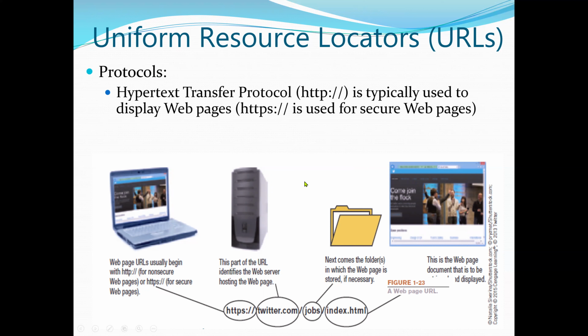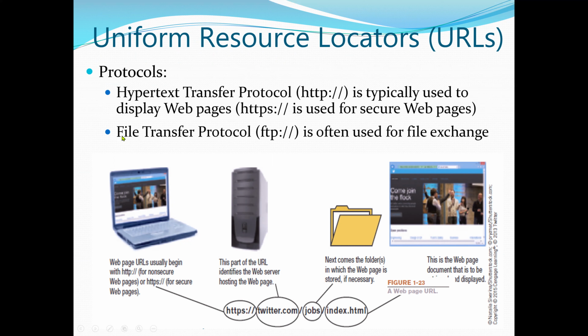HTTPS is used for secure web pages. And nowadays, our web browser has this built in, so when we are writing an address, we don't need to start with HTTPS anymore. We can just go straight and say twitter.com, or we can use www.twitter.com/jobs/index.html. We also have the file transfer protocol, FTP, which is often used for file exchange.